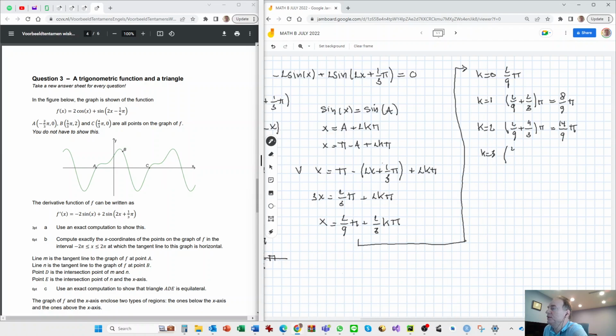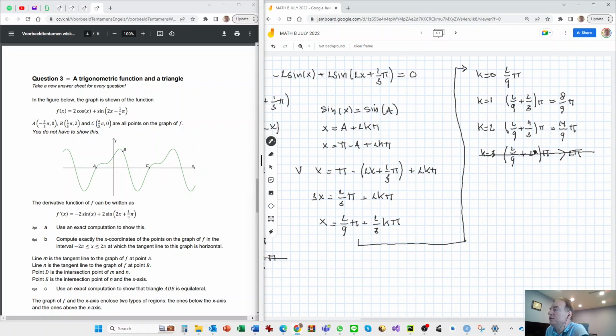So let me still keep the original place. 2 over 9, and then k is equal to 3. Then it's just adding 2 pi and adding 2 times pi here. So that will be something larger than 2 pi. Don't even need to calculate it. So we rule out this.